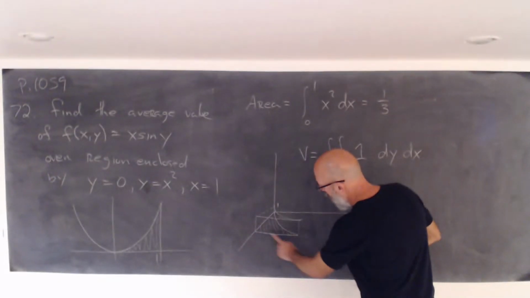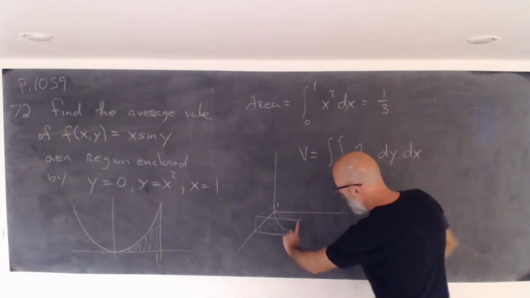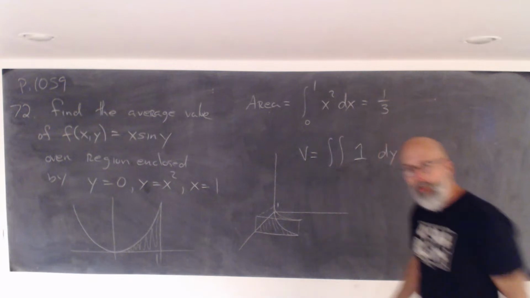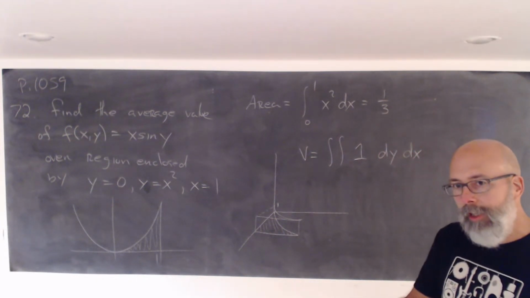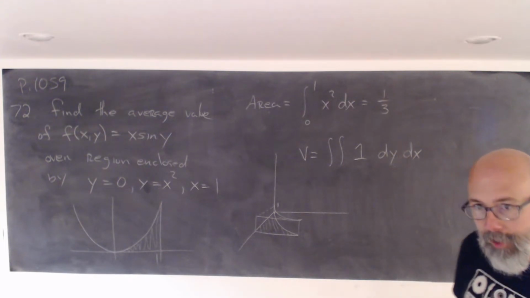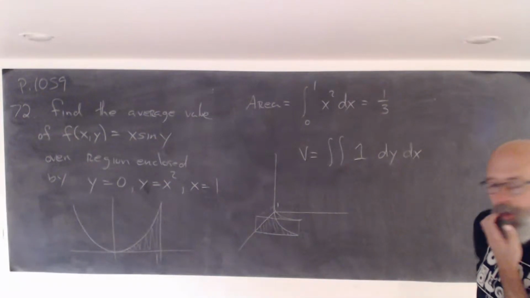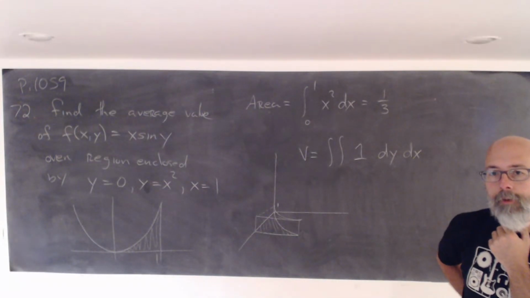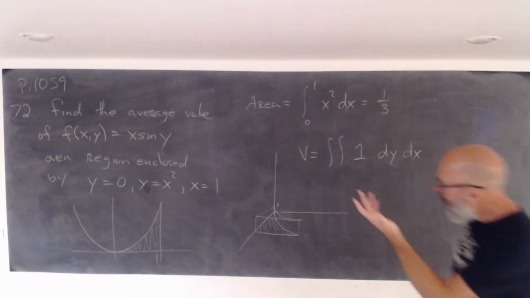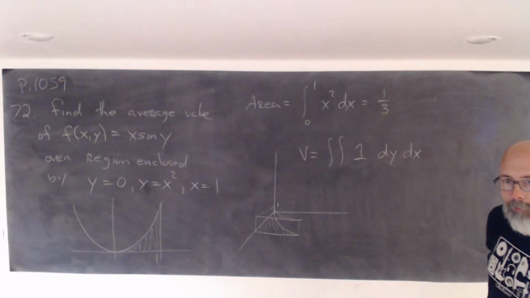You're going to have some area on the bottom, and then you're going to multiply by 1 to give it height. So numerically, the answer is going to be the same as the area. It's only going to be the units that are different, right? Instead of centimeters squared, you would have centimeters cubed.